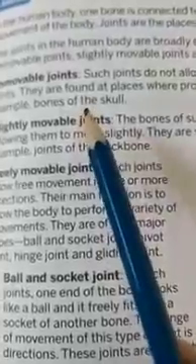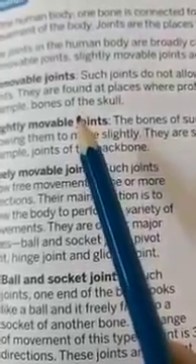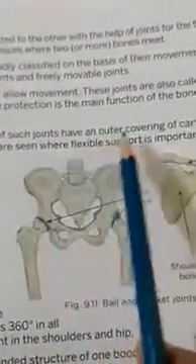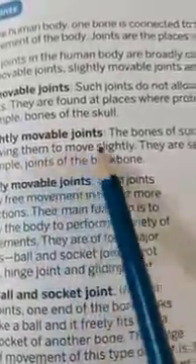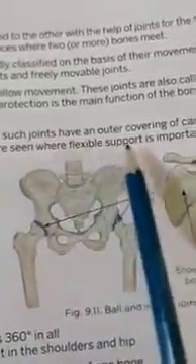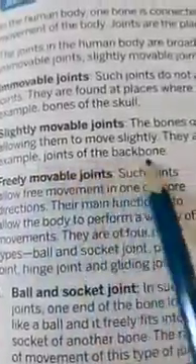This kind of joint provides more support. So, dear students, such joints have an outer covering of cartilage allowing them to move slightly. They are seen where flexible support is important. For example, the joints of the backbone.